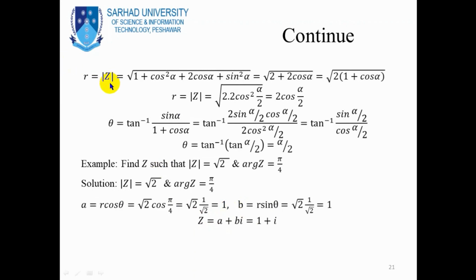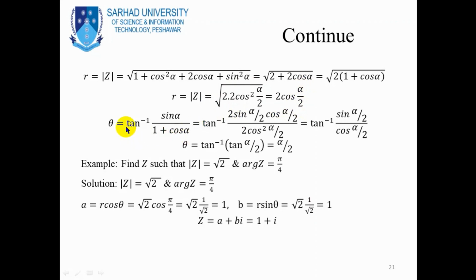Now the magnitude is equal to square root of 1 plus cos square alpha plus 2 cos alpha plus sine square alpha, which is equal to square root of 2 plus 2 cos alpha, which is equal to square root of 2 into 1 plus cos alpha, and this is equal to square root of 2 into 2 cos square alpha by 2, and this is equal to 2 cos alpha by 2.